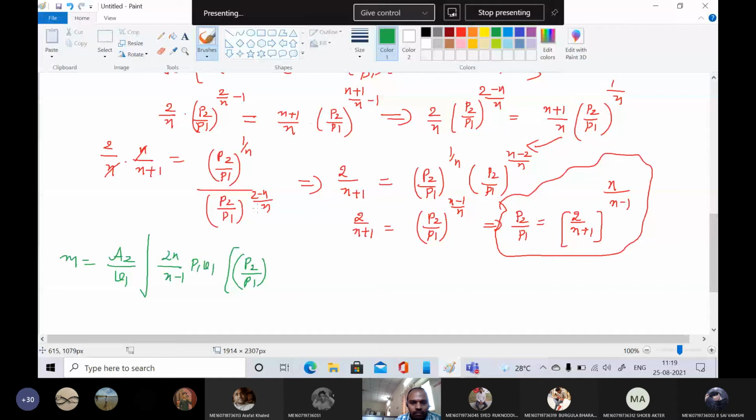This is the formula to calculate the discharge. Now in this we need to substitute the P2/P1 value to get the maximum discharge.